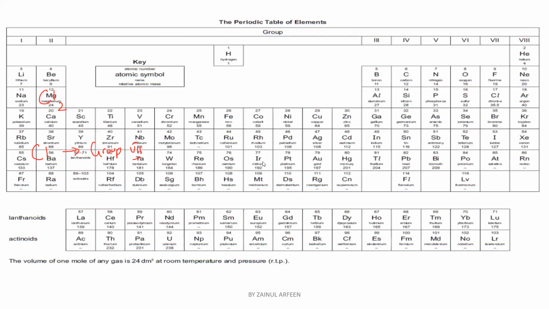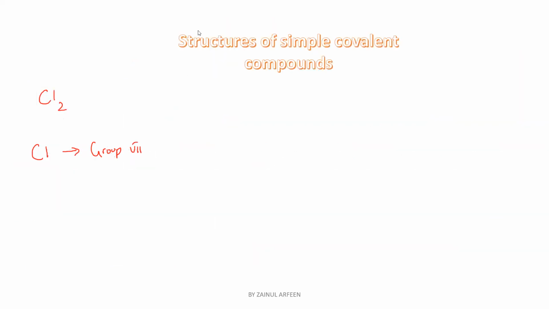As you can see in the previous slide, the periodic table. So chlorine is in group 7 of the periodic table. As it is a non-metal and belongs to group 7, how many electrons will it share?